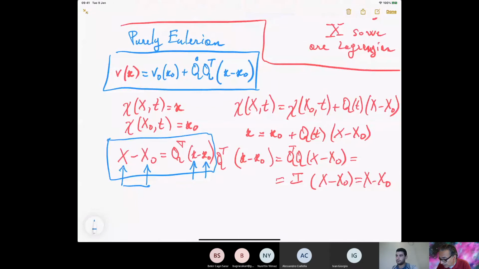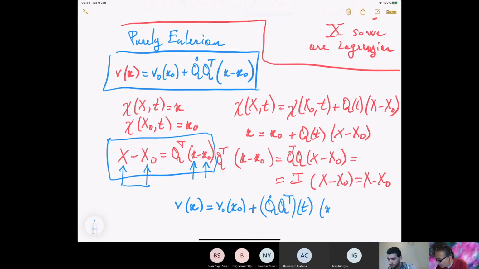So we have that v in the position x is equal to the velocity in the position x0 plus Q dot Q transposed, which is a function of time, (x minus x0).